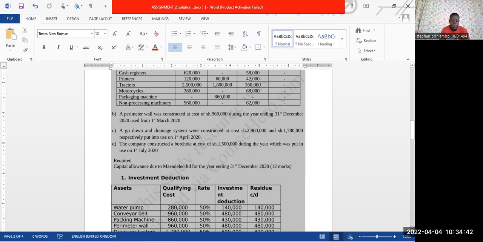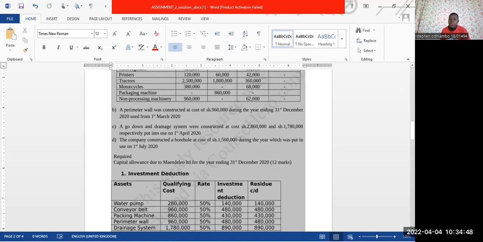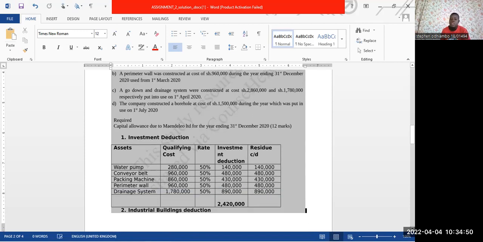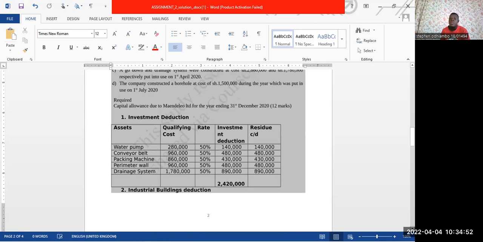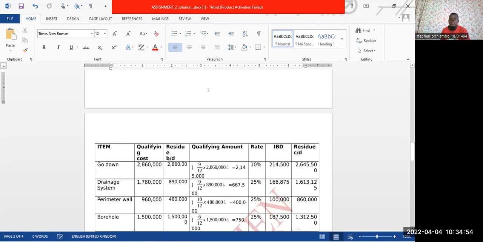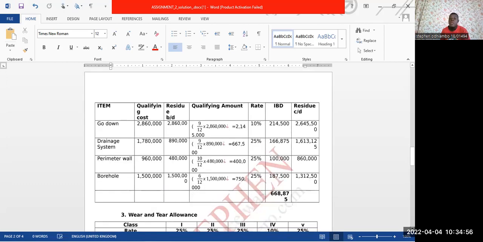To begin, this is investment allowances. We have investment deduction, capital deductions, industrial building deductions, and many things to do with qualifying and non-qualifying. These are the rates.